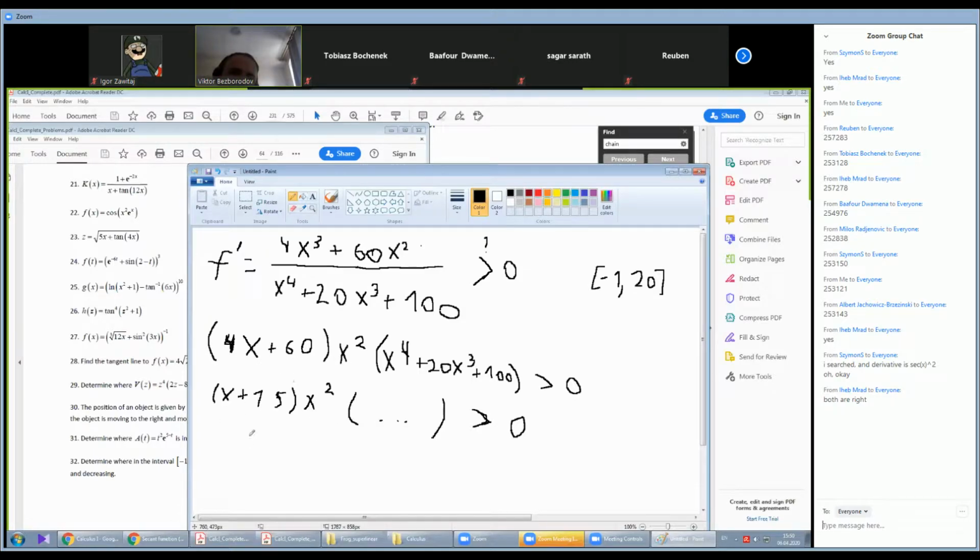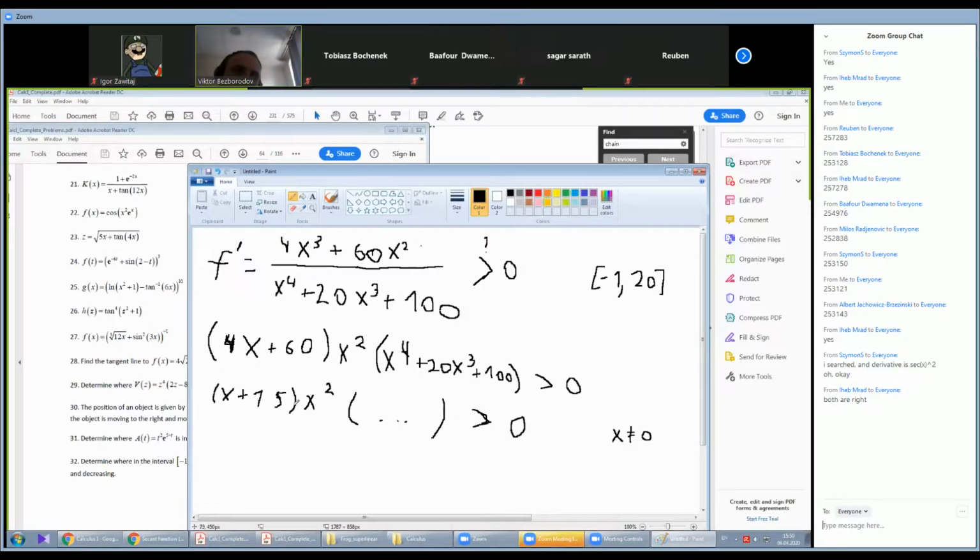Okay, so now x squared is always non-negative, but we can remove x squared, but we must remember that x is not equal to 0, right? Because if x equals 0, then this is 0, and we're looking here for strict inequality.